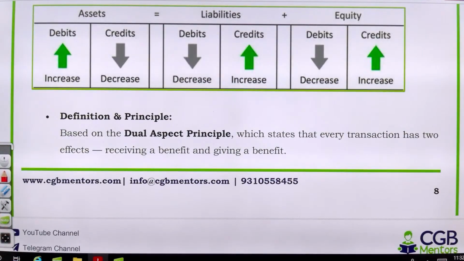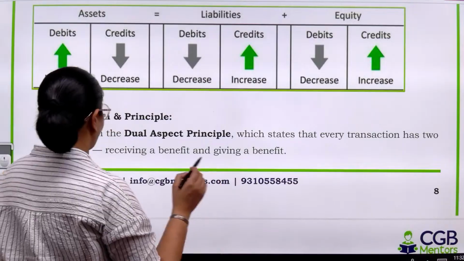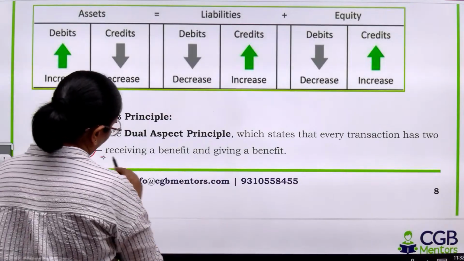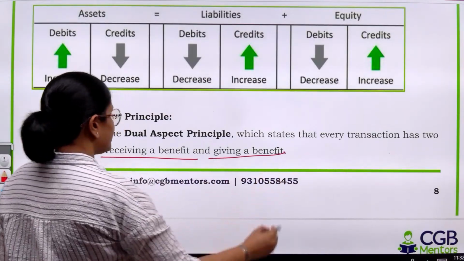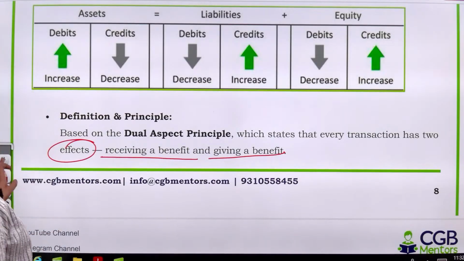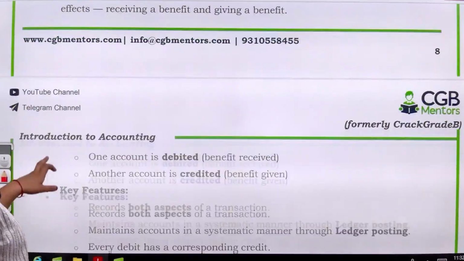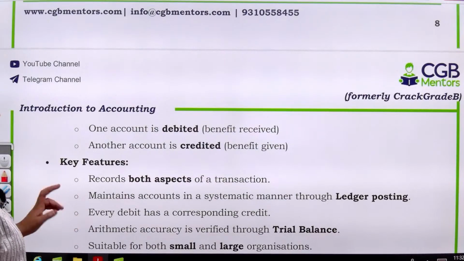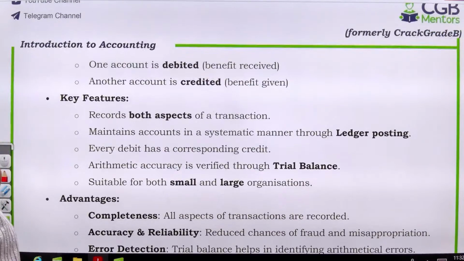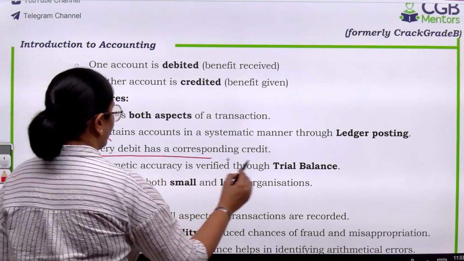It's based on the dual aspect principle, which tells us that every transaction has two effects. हर ट्रांजैक्शन के दो इफेक्ट होते हैं. There is a receiving benefit and the other one is the giving benefit. So one account is debited, another account is credited.